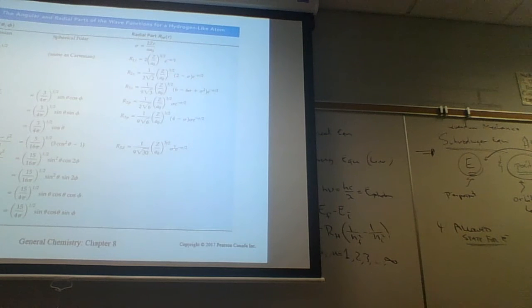And m is going to take on all values from minus L to minus L plus 1, through 0, through L minus 1 to plus L. It takes on all values. These are allowed. Everything else is forbidden.